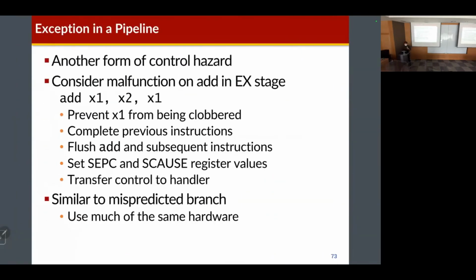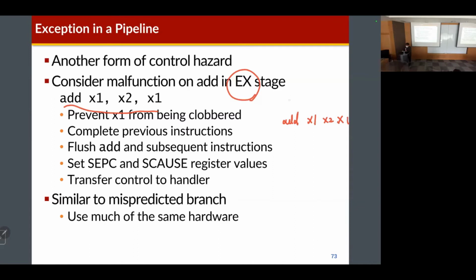So this is an example of an exception in a pipeline. Let us assume that the exception occurs at this instruction, add x1, x2, x1, in the EX stage. This is just an example.